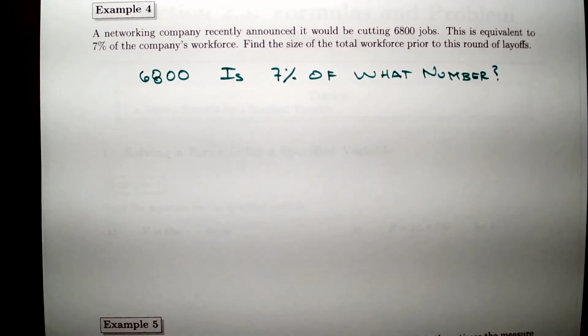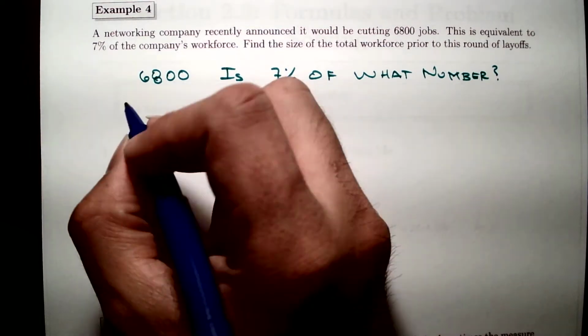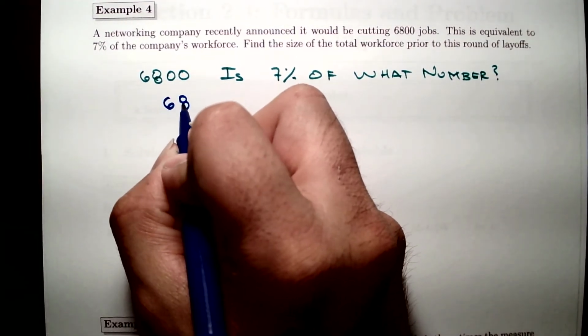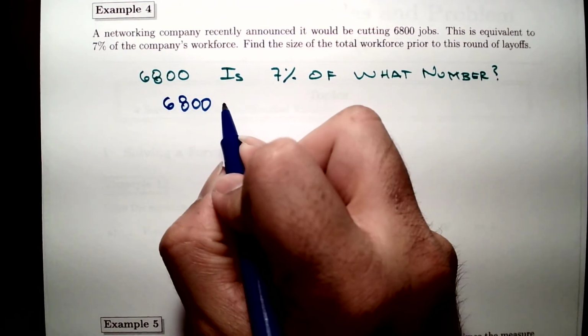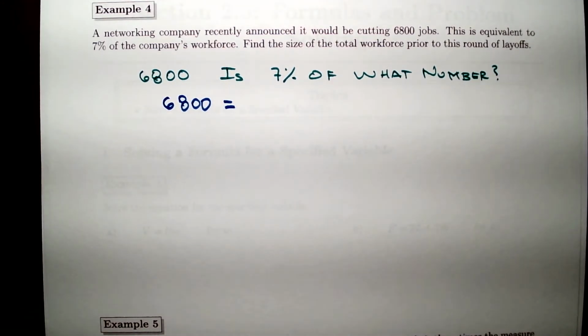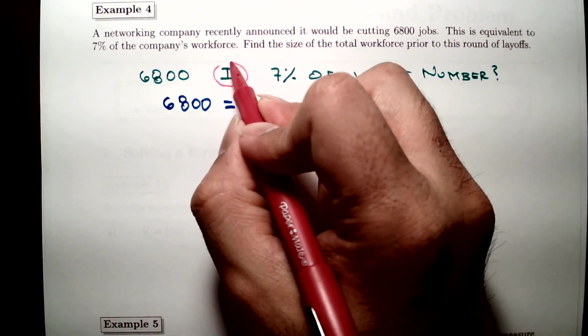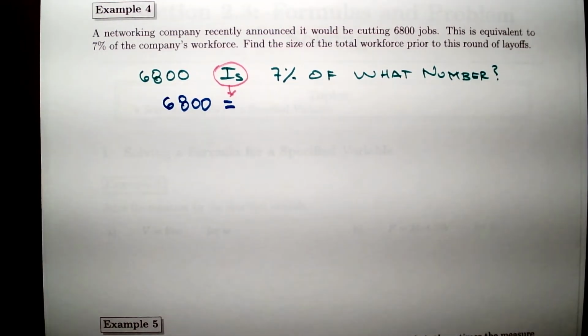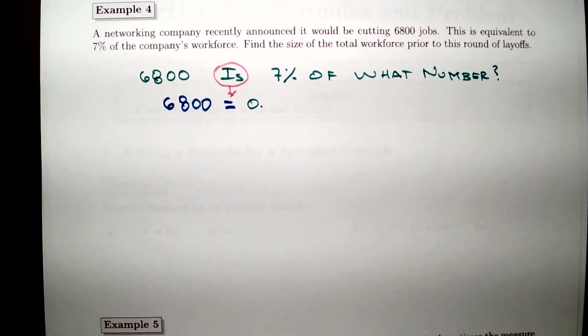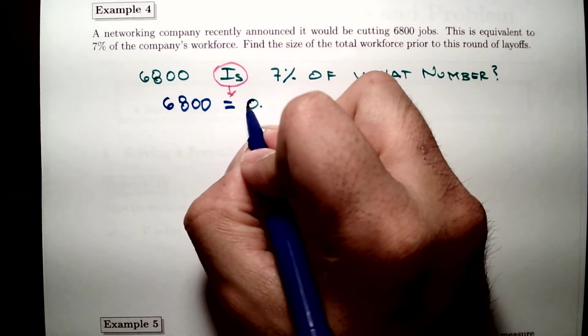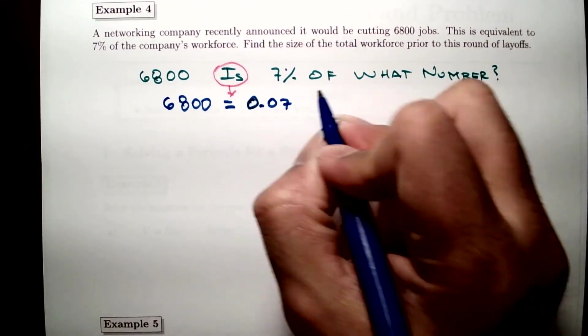That's the question we're being asked. All right, let's turn this into an equation. So 68, keep in mind that the word "is" means equal sign. 7%, well, turn that into a decimal, 0.07.